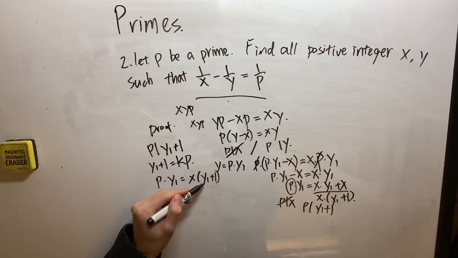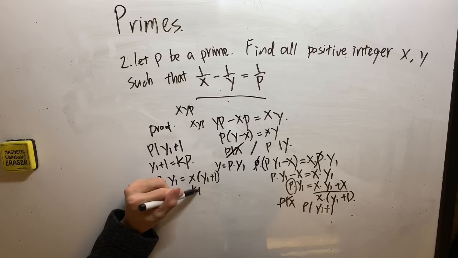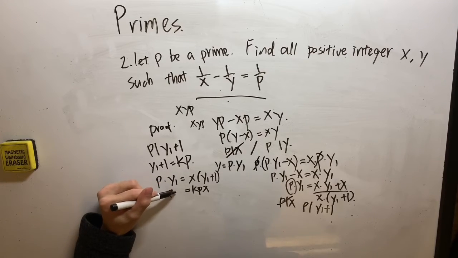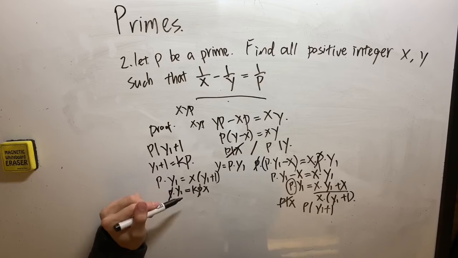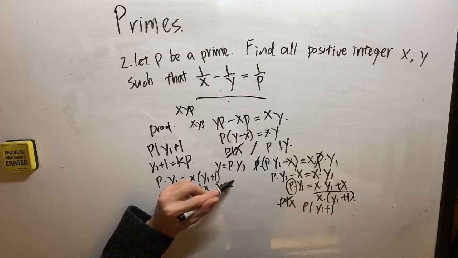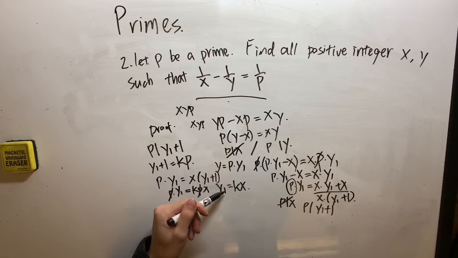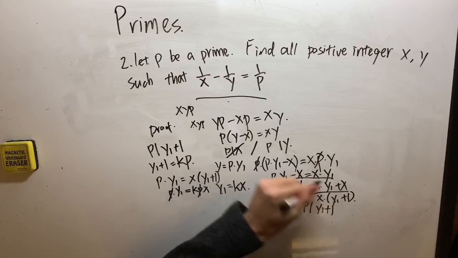We can substitute y1 plus 1 as kp, then kpx equals p times y1. We can cancel p on both sides, so y1 equals kx. As we have y1 equals kx, we can substitute y1 into this equation.